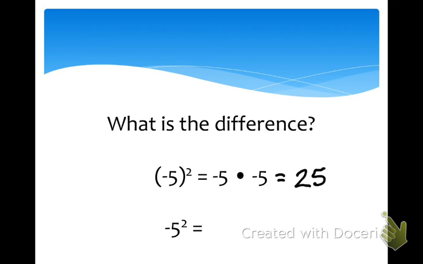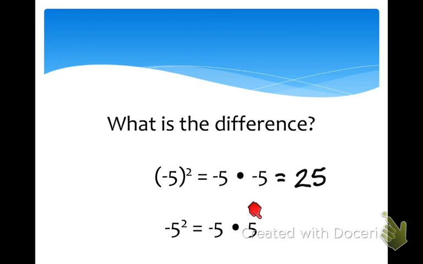Well, what about this guy down here? It says negative 5 squared, or to the second power. So I get to write that 5 twice. However, the negative out front only gets to be written on the first one. So now I have a positive, this guy over here is positive, and I have a times a negative.